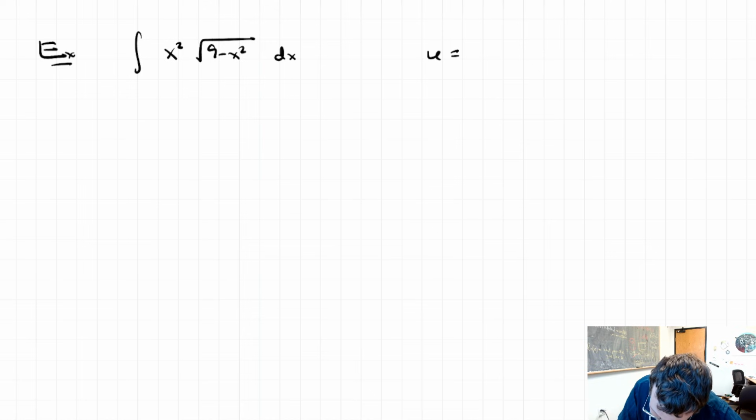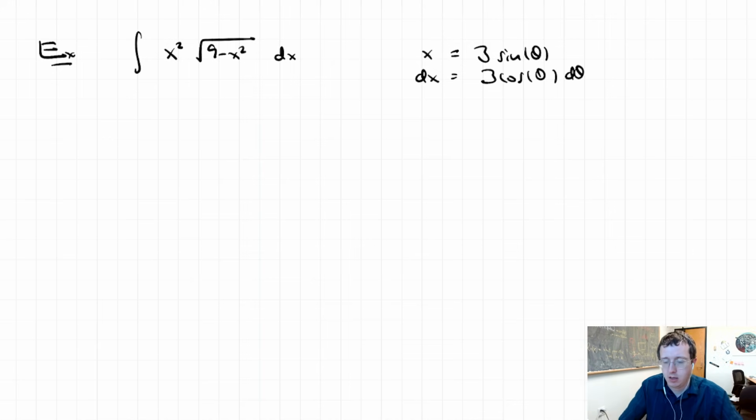Again, we've already discussed the general rules for which trig substitutions are helpful. In this case, it's going to be x. X equals 3 sine theta. So dx is going to be 3 cosine theta d theta.